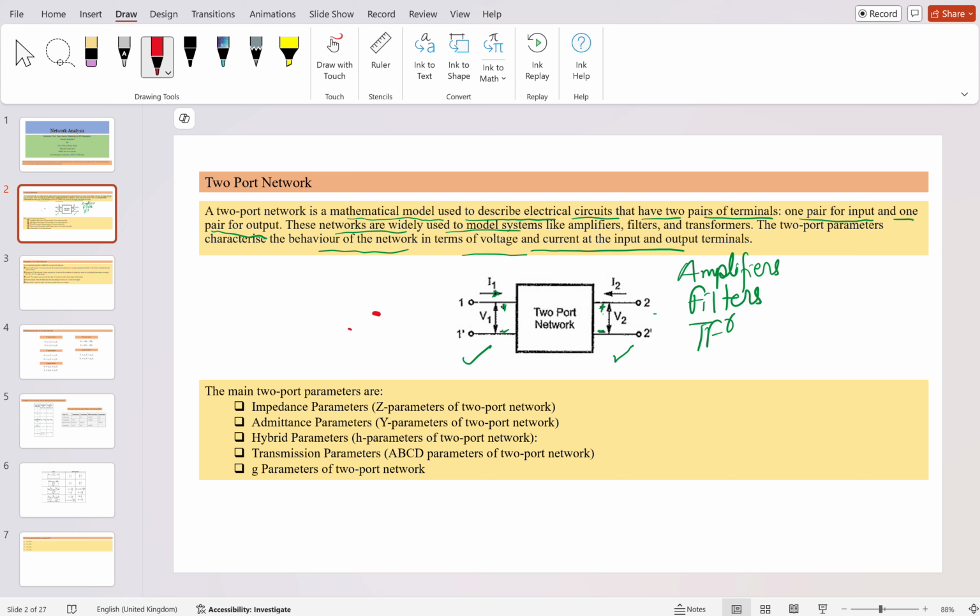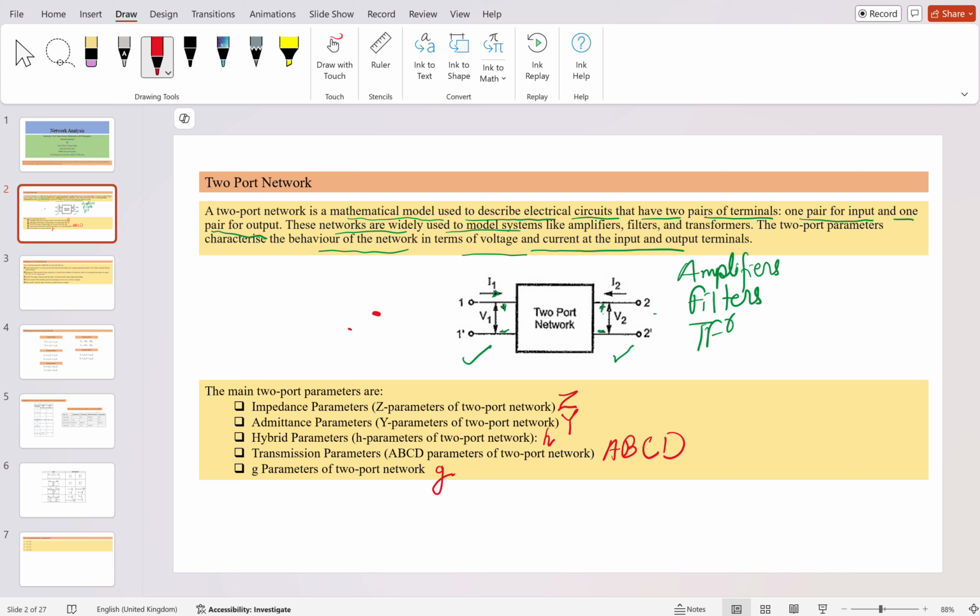The main two-port network parameters we actually see are the Z parameter, the impedance parameter called Z; the admittance parameter called Y; the hybrid parameter called H; and the transmission parameter called ABCD parameter. Getting my point? And also the last is the inverse hybrid, the G parameter of a two-port network.